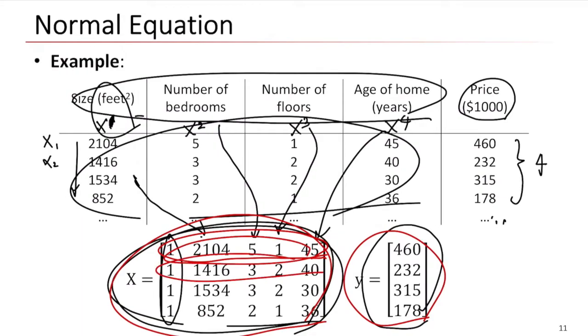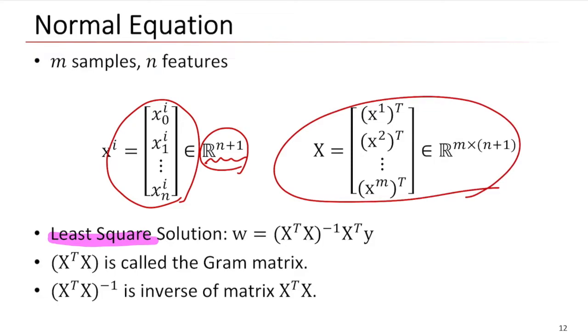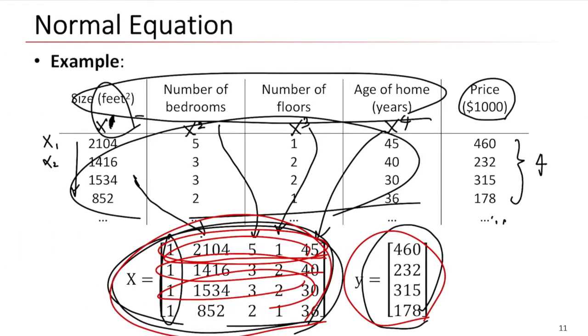With this variable, the input matrix will have the size m times n+1, where m is the number of samples and n is the number of features. In this case, the number of features will be 4, right?